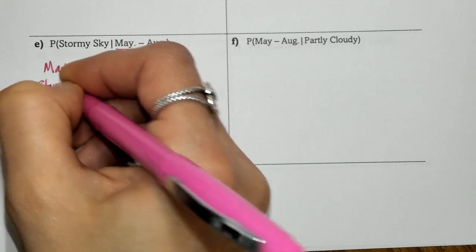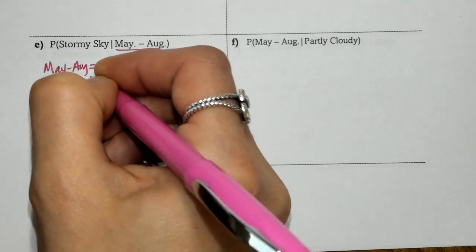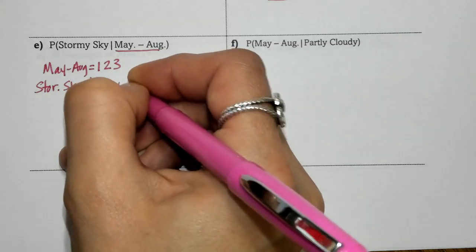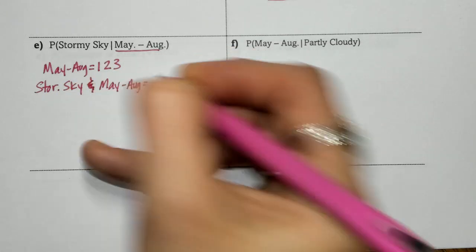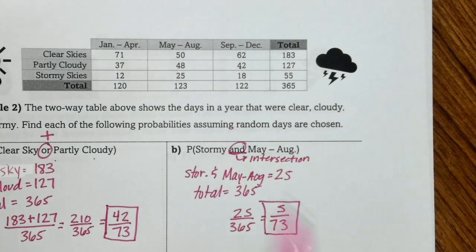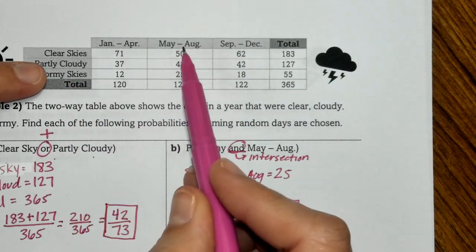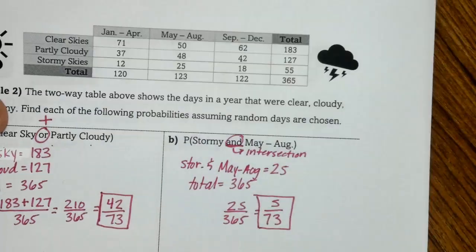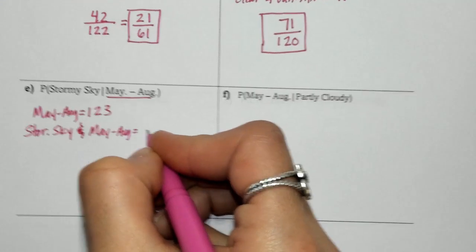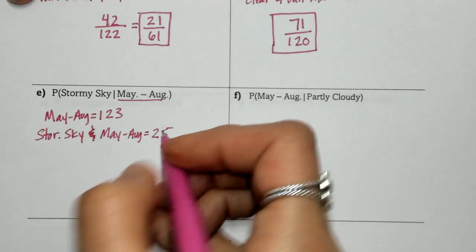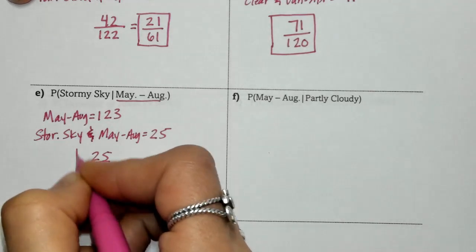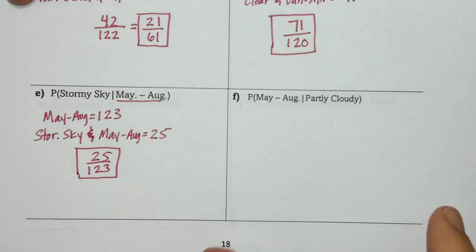How many of those were a stormy sky? Let's find that intersection, stormy sky, May through August. Where do they intersect? At 25. So we have 25 over 123. This is going to end up being simplified. Always double check that though.